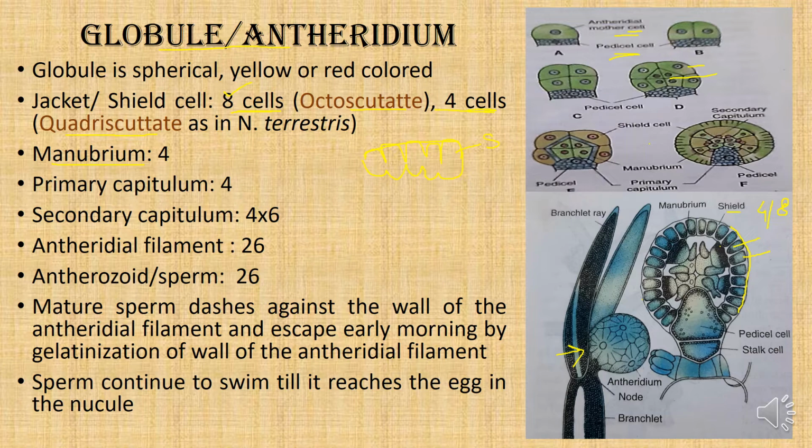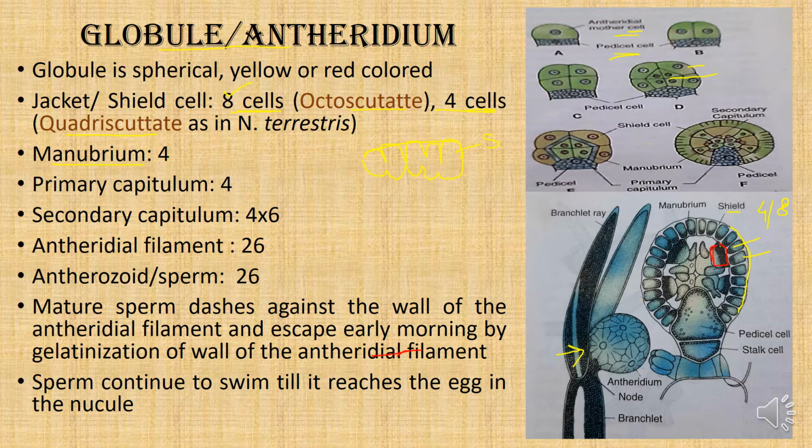After that, let me take another color, we have the manubrium that I will draw in red. After the layer of shield cell, we have this manubrium, which is also very common in Chara. We have seen this type of manubrium in Chara, where it was club shaped, but here it is a bit tubby.